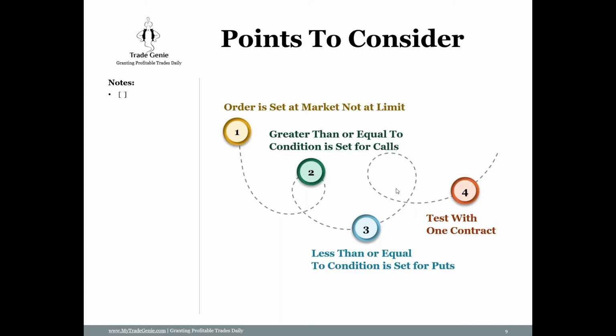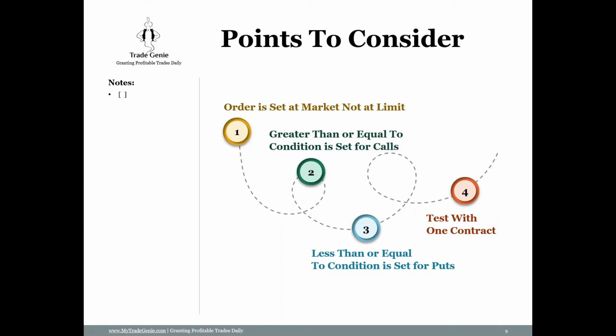And when you're setting the conditional order, test it with one contract, because you may be setting it wrongly, and then you will see your order get filled and you don't like it. So make sure you test it with one contract, maybe in your simulation account.